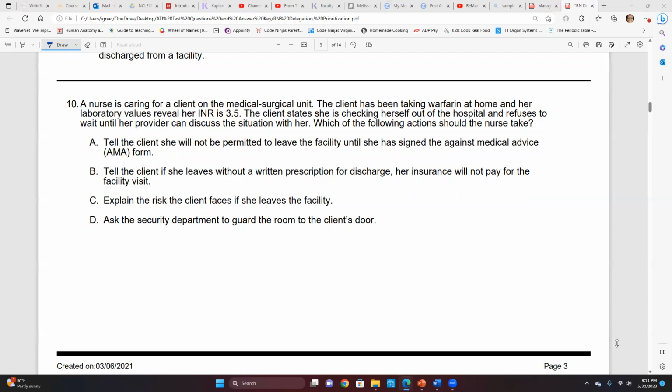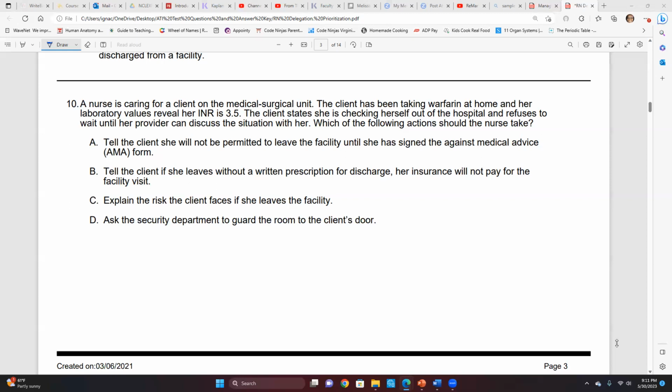The client states she's checking herself out of the hospital. Which of the following actions should the nurse take? Tell the client she will not be permitted to leave the facility until she signs.